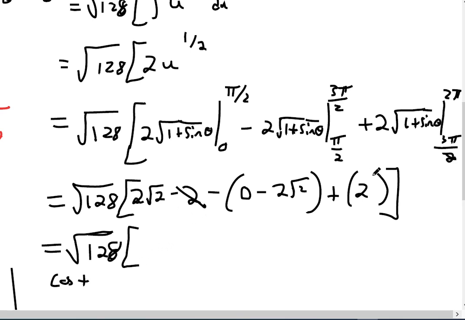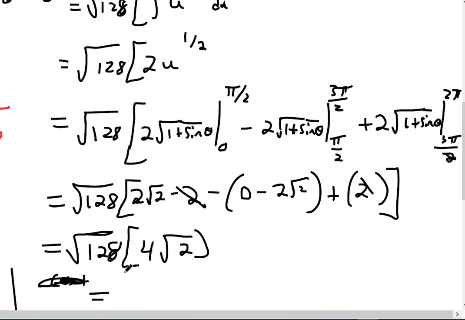So these cancel out. And then here, we're minusing a negative 2 square root of 2, so that's adding. So this is 4 square roots of 2.